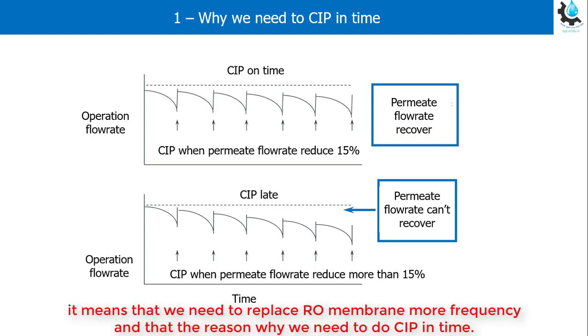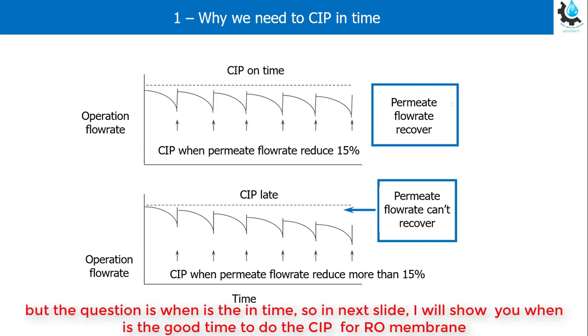That means we need to replace the RO membrane more frequently. That's the reason why we need to do the CIP in time. But the question is, when is in time? So in the next slide, I will show you when is the good time to do the CIP for RO membrane.